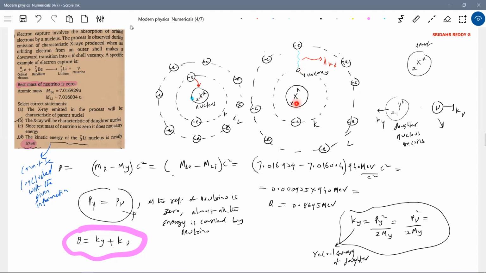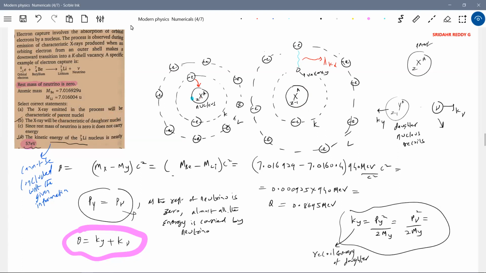Because Z-1 is the charge it will see now, not Z. So when you write lambda K alpha, Z-1 is what you have to write in Moseley's law. So therefore, this should be the characteristic of the daughter nuclei. So this data is very important.